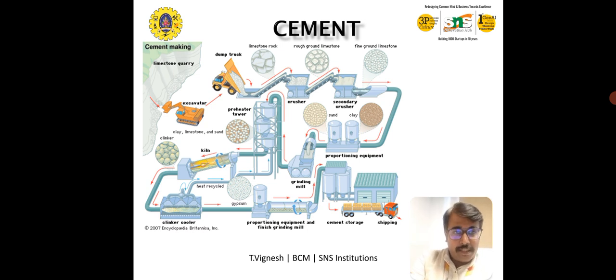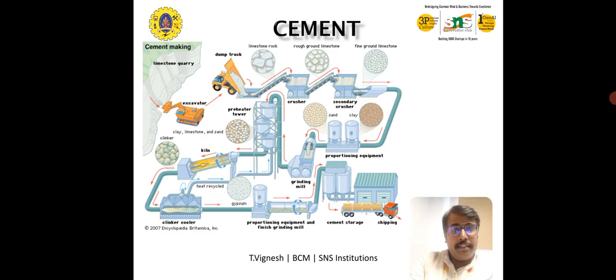In the preheater tower the mixture of sand, clay and limestone is heated up and mixed together, and it is burnt in the kiln. Once it is burnt, it goes to the clinker cooler, which cools down the temperature.